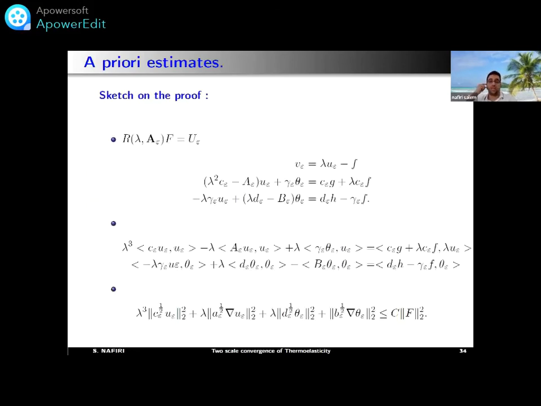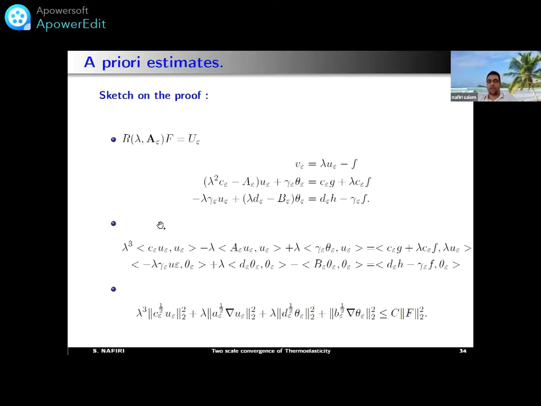So I give a sketch of the proof of this result. I start with the resolvent equation. This resolvent equation will give me a family of three differential equations. Once I write V epsilon as lambda U epsilon minus F, I replace it in the last two equations, and I get these equations. Since I have this coupling parameter here, gamma epsilon theta epsilon and gamma epsilon U epsilon lambda, I multiply the first by lambda U epsilon and the second one by theta epsilon, in order to absorb this coupling parameter.